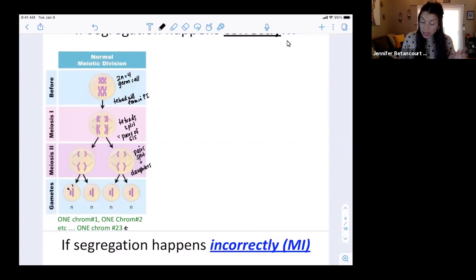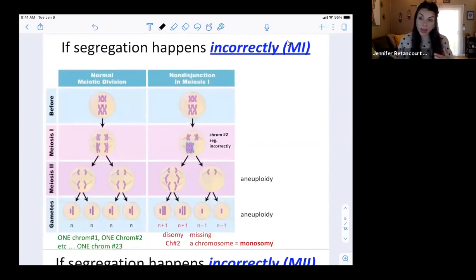What if it happens incorrectly? It can happen incorrectly in two very important places, pretty much metaphase and anaphase. In metaphase, we know that the kinetochore microtubules are supposed to attach.